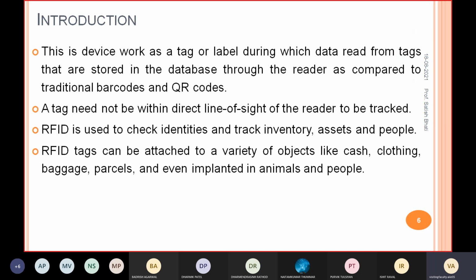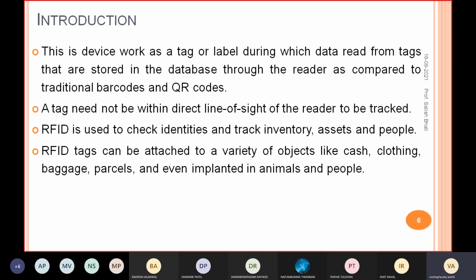This device works as a tag or label, during which data read from the tag is stored in the database through the reader, as compared to the traditional barcode or QR code, right? Like a QR code or barcode, you have to scan it, but here the same thing happens. In a barcode you encode some information, in a QR code you encode some information, and in the same way in an RFID tag you encode some information, right?